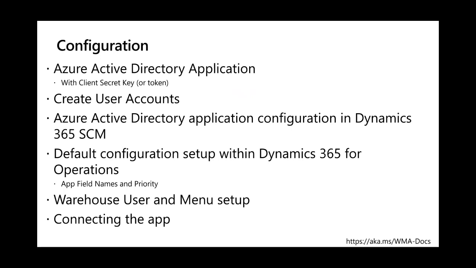We looked at the necessary steps in Dynamics, which include registering the new Azure application and associating the connection with a user account and creating the necessary data within the warehouse module, including app field and priority data, as well as menu items and workers. Finally, we looked at the different options available to connect the app itself to an environment and walked through the necessary configuration data.